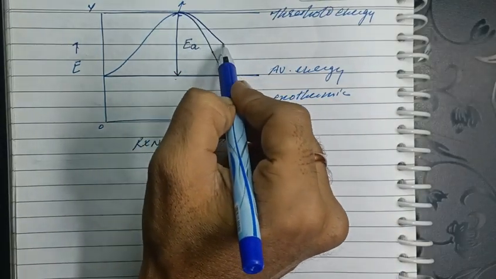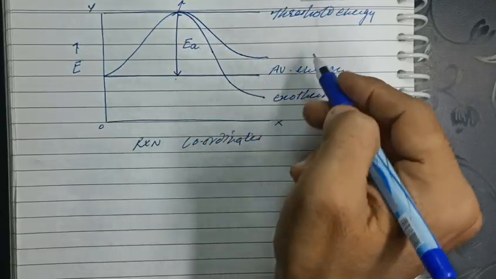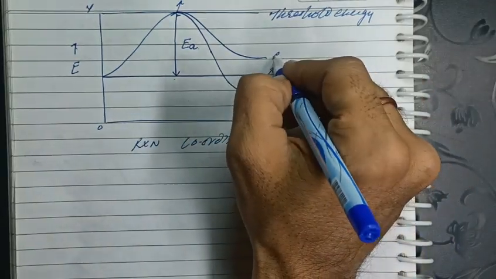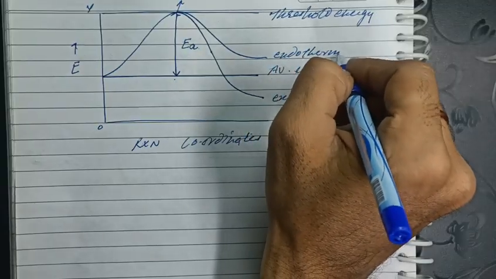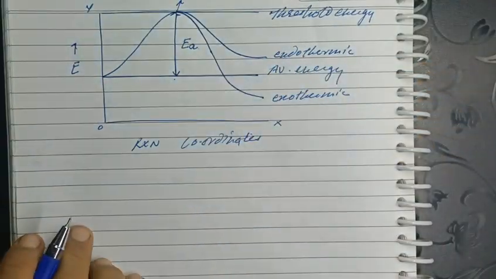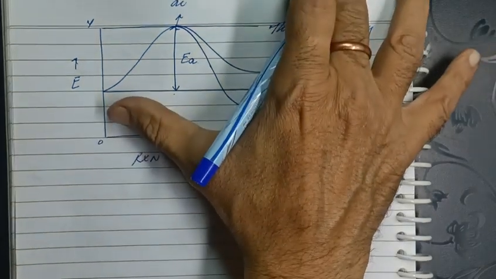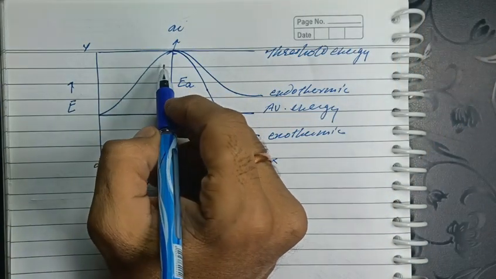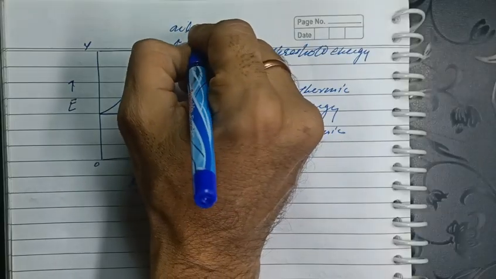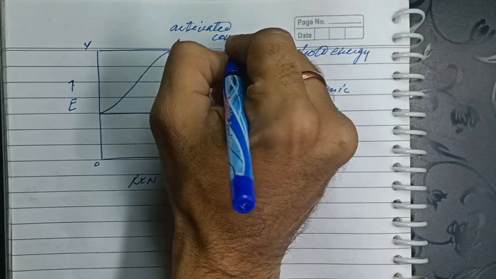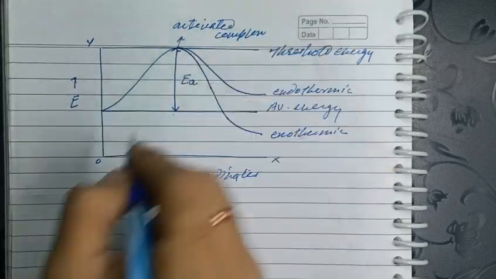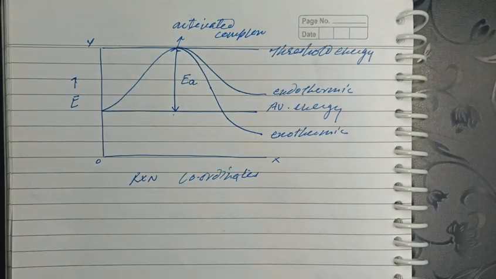But if the energy is more than the average energy of the reactant, this is the graph for the endothermic reaction. At this point, activated complex is formed.